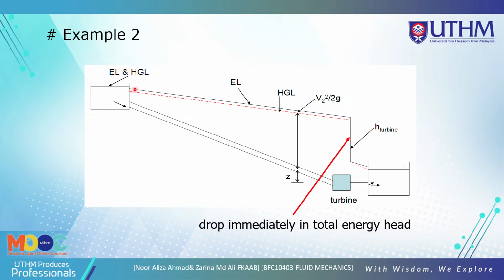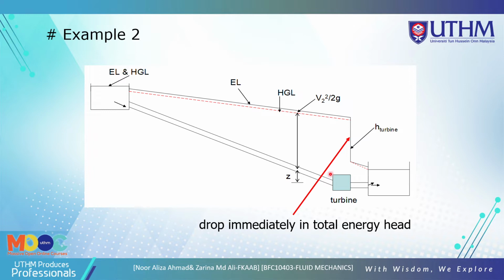The black line here is the energy line, and the dotted red line here is the HGL. So if your final has this figure, you must sketch the energy line and HGL, you must draw these lines.